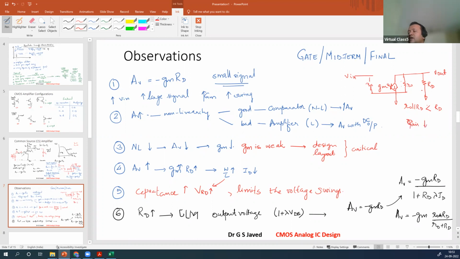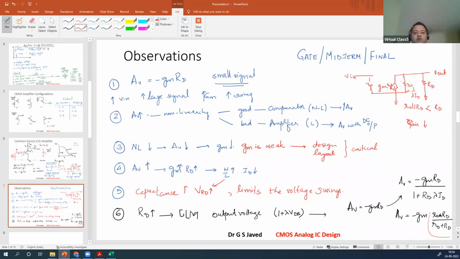So having a very large RD will introduce VDS, and VDS will introduce a lambda. So having a very large RD is not appreciated if you want to keep the gain high, right? That is why you reduce the factor by r0, and here r0 is given as 1 over lambda ID. If you want to reduce the ID, your channel length modulation lambda comes into the picture, VDS comes into the picture.